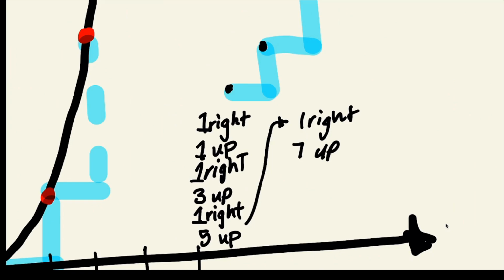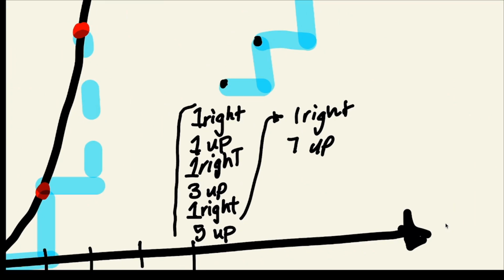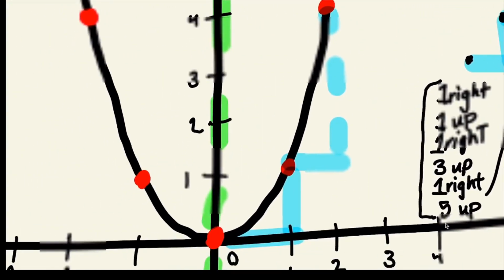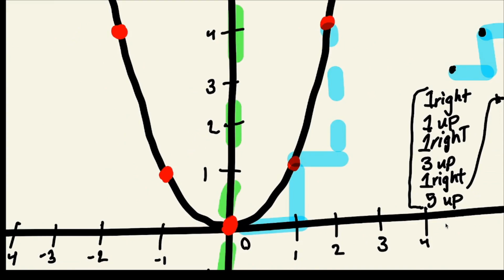So what I do is I just stick to this pattern. I just stick to 1 right, 1 up, 1 right, 3 up, 1 right, 5 up. You can do the 1 right, 7 up if you have space, but you should just stick to 1 right, 1 up, 1 right, 3 up, 1 right, 5 up, right? And that's just for the right side. So for the left side, it's going to be the exact same thing, except instead of going right, you're going to go left.